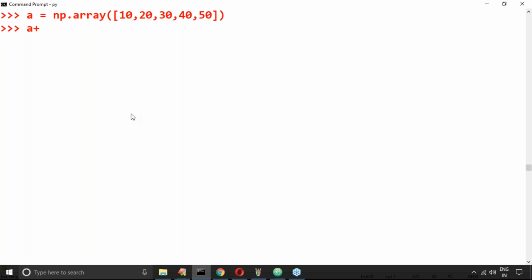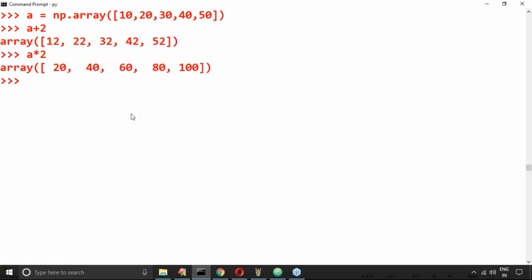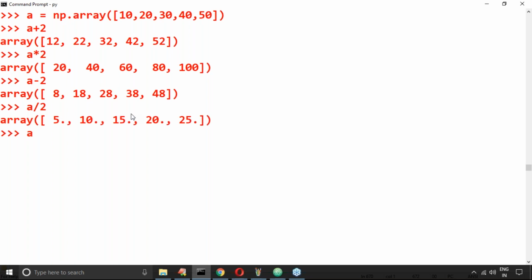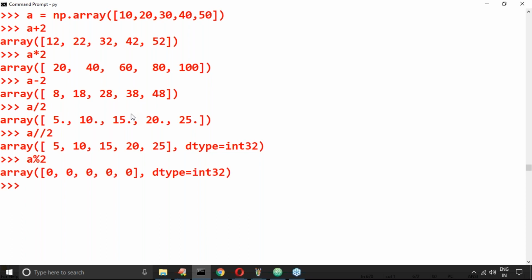Now a plus 2, what is the answer we are going to get? a into 2, what is the answer? a minus 2? a divide by 2? a floor division by 2, a modulo 2, and a power 2.